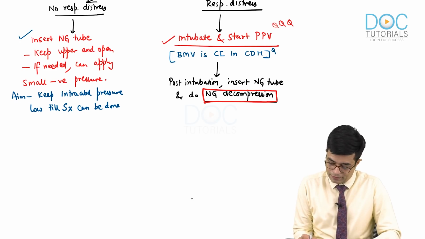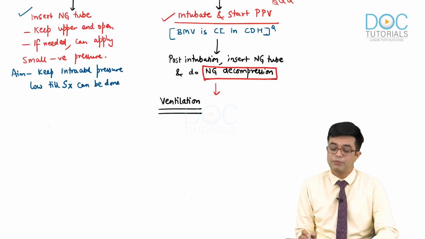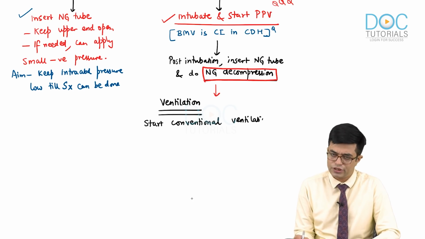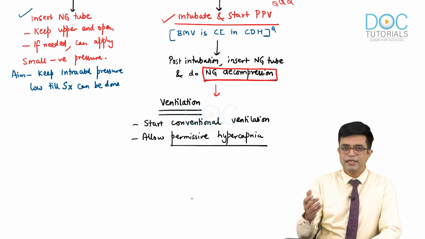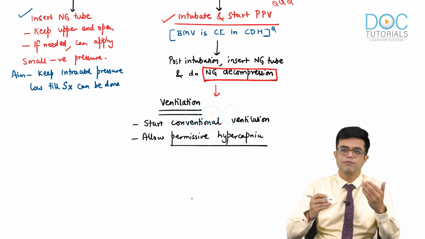Now, once nasogastric decompression has been done, you continue ventilation. What are the things regarding ventilation that you should remember? Initially, you start with conventional ventilation and you allow permissive hypercapnia. Permissive hypercapnia means that you keep all the ventilatory settings, like PIP and PEEP, on the lower side and you allow some degree of carbon dioxide retention.